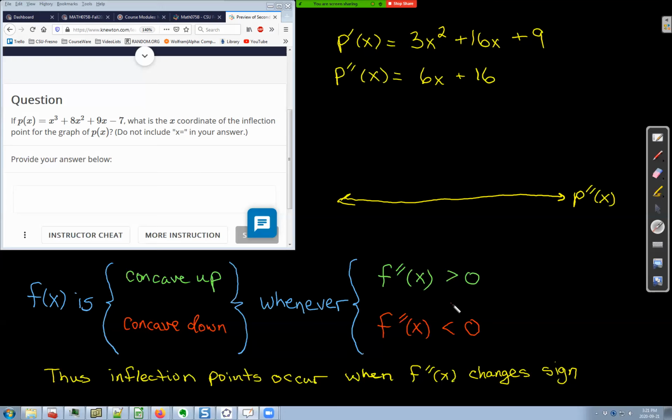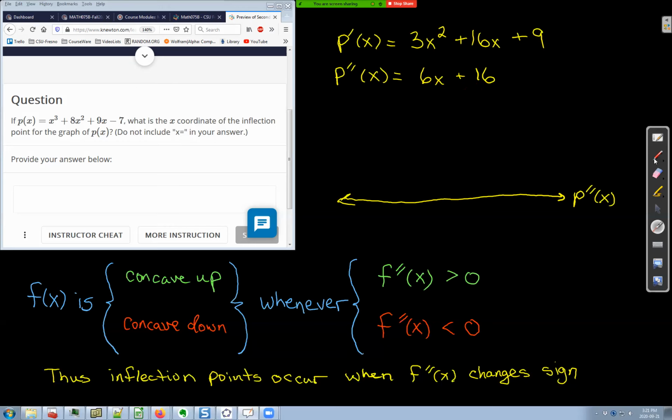The answer is it's neither. So 0 is the only real number that is neither positive nor negative. So 0 is kind of like the boundary. If I could find where this is 0, I'm going to know the cutoff place.